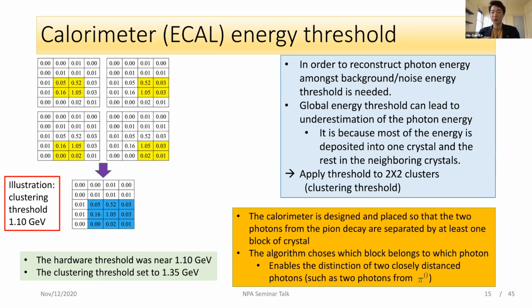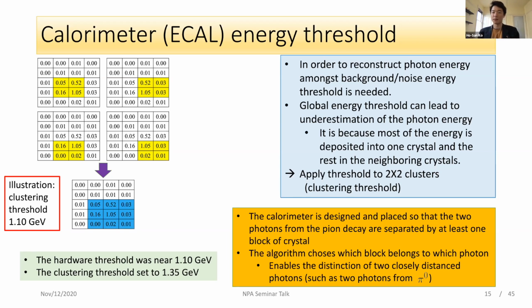That's the hardware threshold. From that, we detect something like shown here on the left. And those somethings can be backgrounds or noise from many other things. So we give a certain threshold above the hardware threshold to ensure that we are seeing something out of nothing.